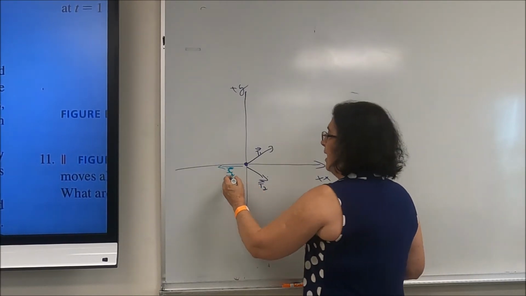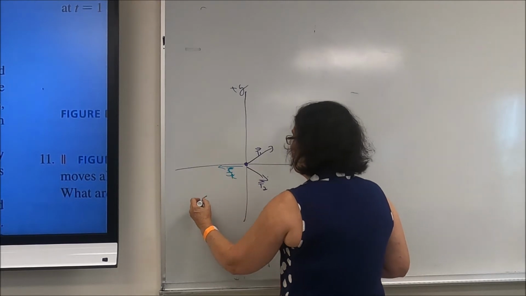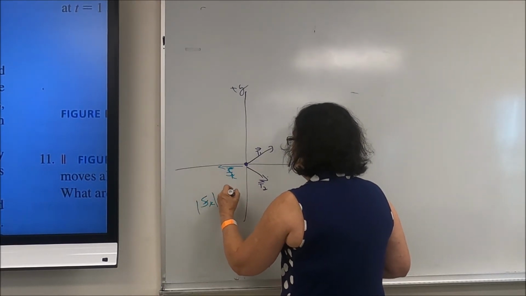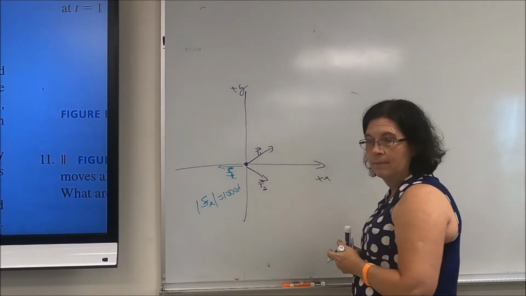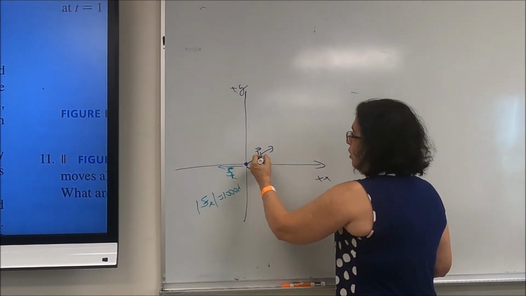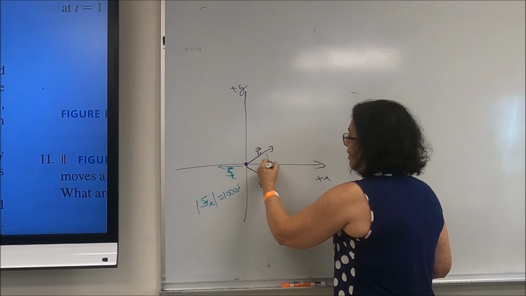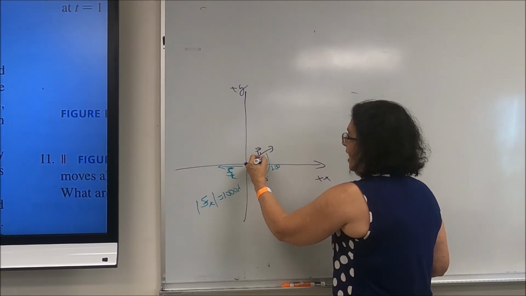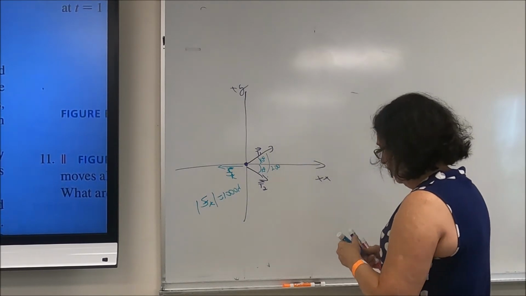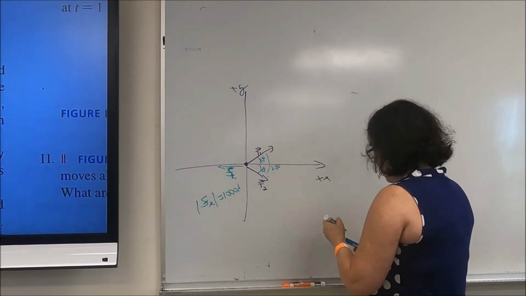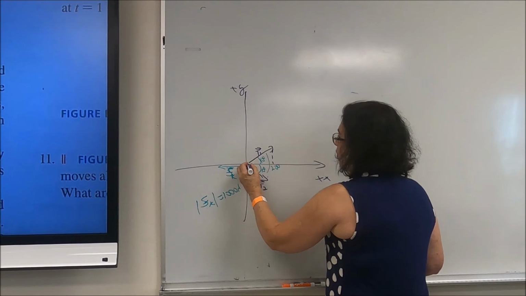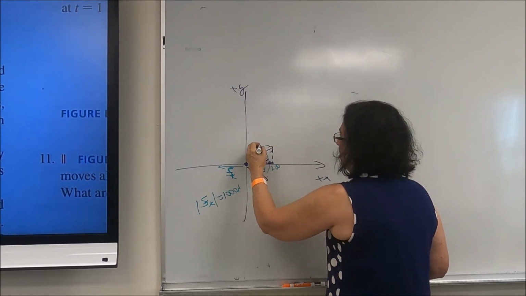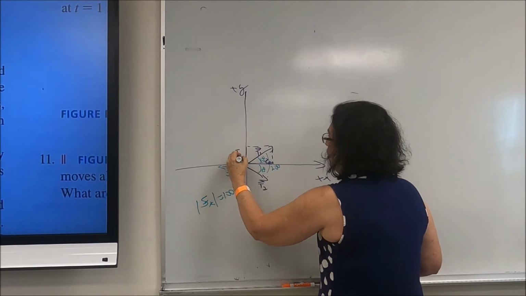Okay? Now, the kinetic frictional force, F sub k, has a magnitude of 1,000 newtons. We're told that this angle is 20 degrees. So that means that's 10 degrees and that's 10 degrees. So if I start breaking things up into x and y components, I've got a T1x and a T1y.